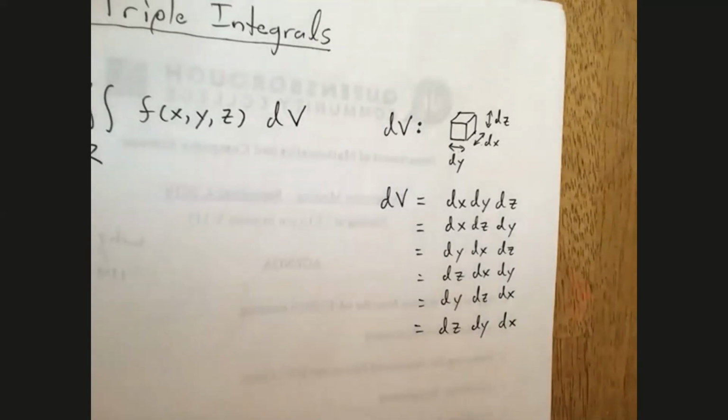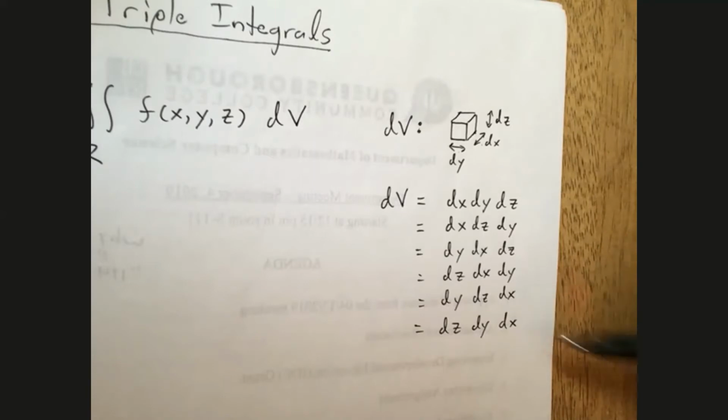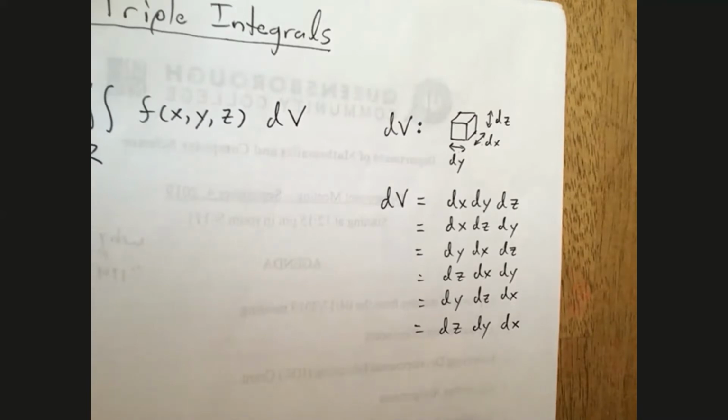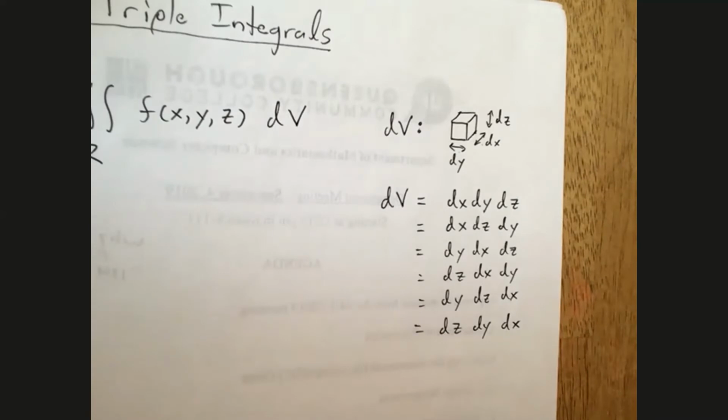Right. There are 6 possible ways to arrange these dx, dy, and dz's. So whereas for the double integral, we only had 2 ways to think about it, dx dy or dy dx, here we're going to have 6 different ways we have to think about arranging our triple integral. Now, in a lot of cases, there's going to be more than one way that works, so it's not like you have to hunt through all of these to find it, but there are all these possibilities that we will have to keep in mind.